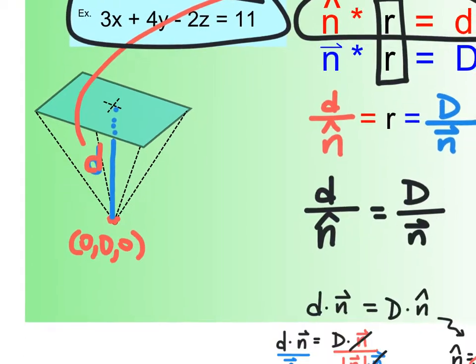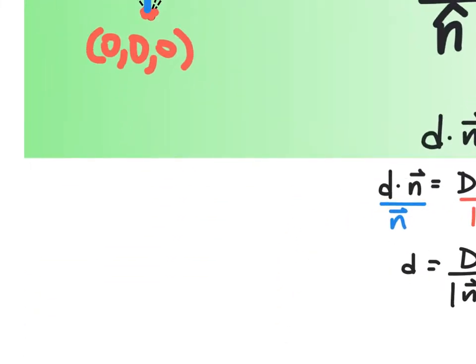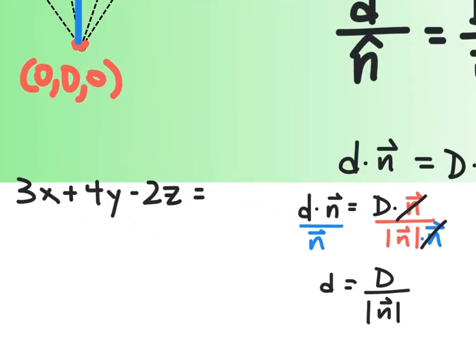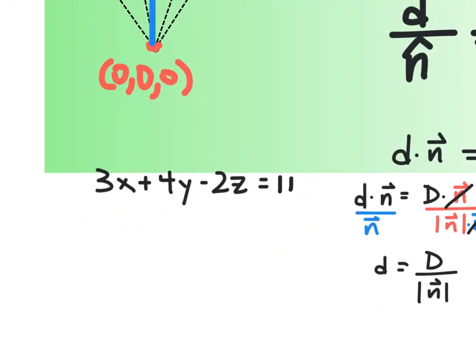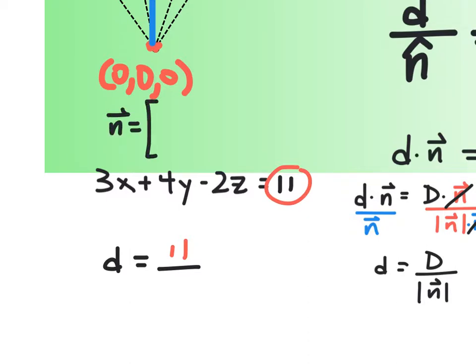So I've got 3, 4, negative 2: 3x plus 4y minus 2z equals, is it 11? Yeah, 11. All I need to find the distance is capital D, which I have right here, and the magnitude of the normal. The normal of this plane is 3, 4, negative 2.